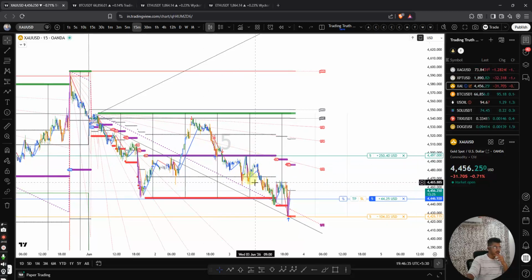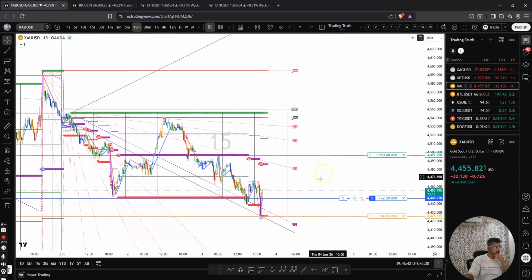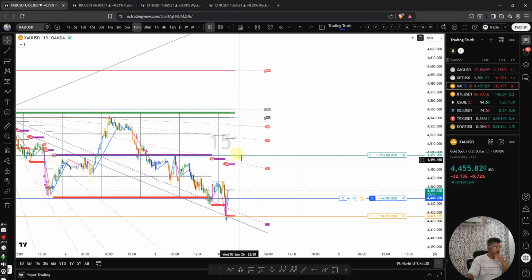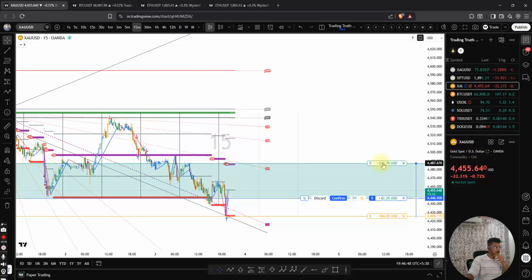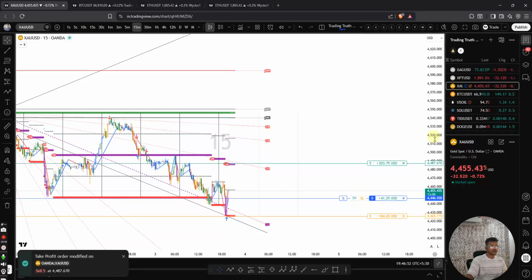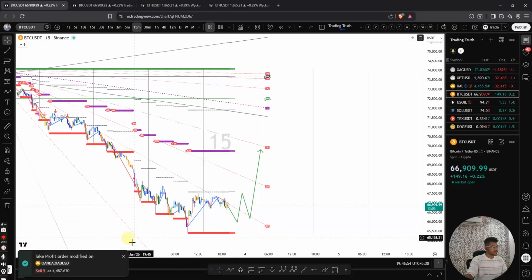Okay, the market couldn't gain this level, so it just went down, and this trend line got there, and then it's going up. So I think it's going to go up around till this point. We'll see what happens. This 1:2 trade.